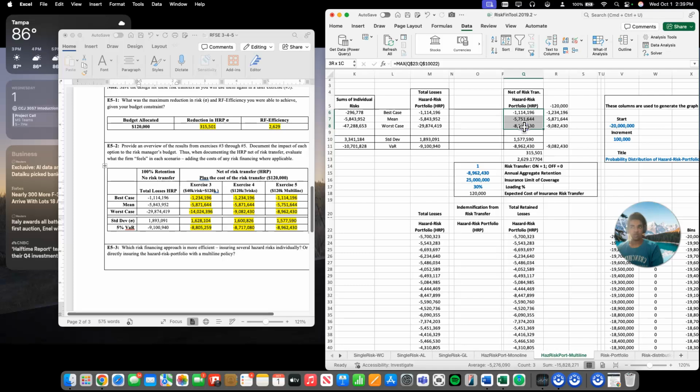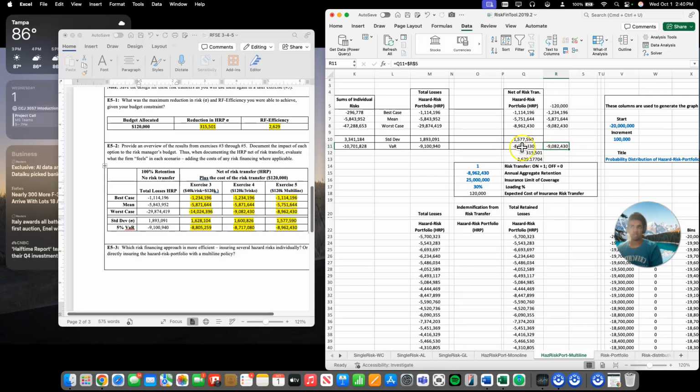You've got to take your numbers that you calculated, which should be the same for this assignment, and basically just do Q6 plus 120,000 and do it for each one of these. And you can see I get these 3 numbers, and I did it here again for 120,000.